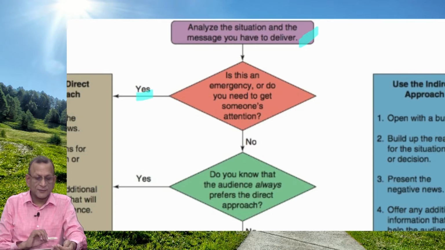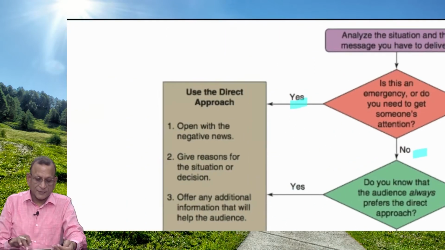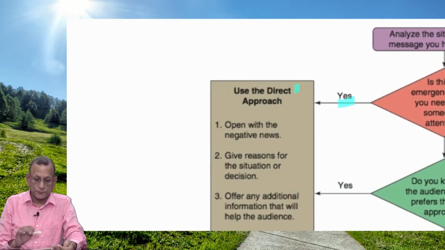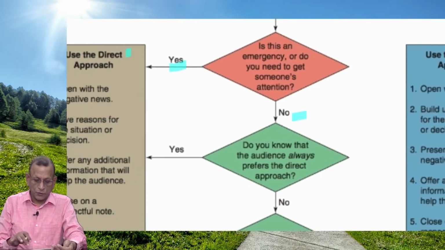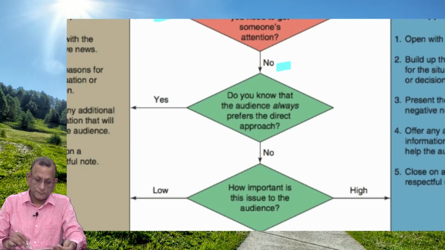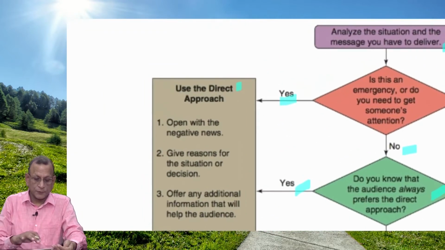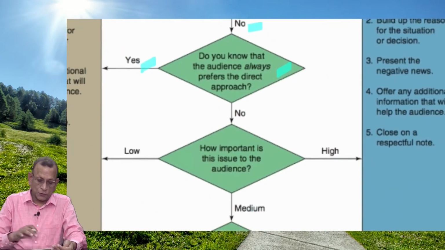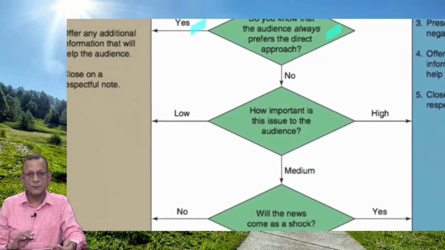You may have yes as an answer or you may have no as an answer. If it is yes, then go for the direct approach. If it is no, then do you know that the audience always prefers the direct approach? Yes, go for the direct approach. No, go for the next diamond.